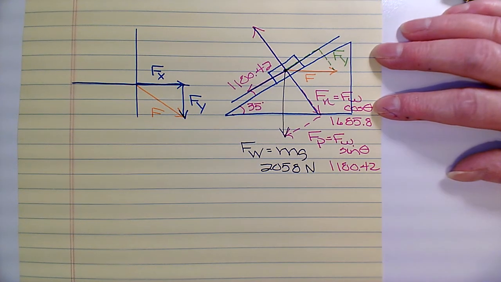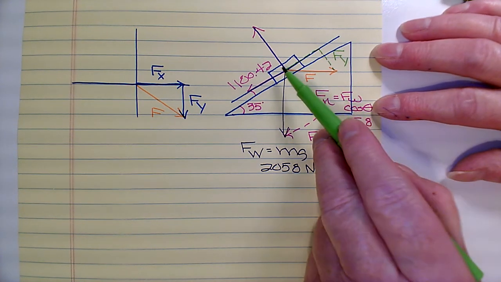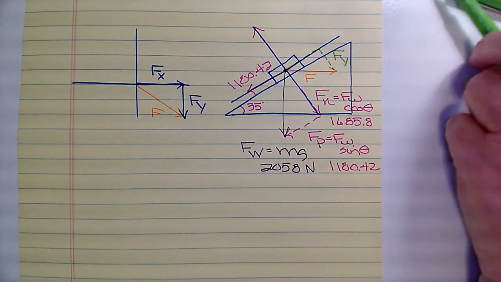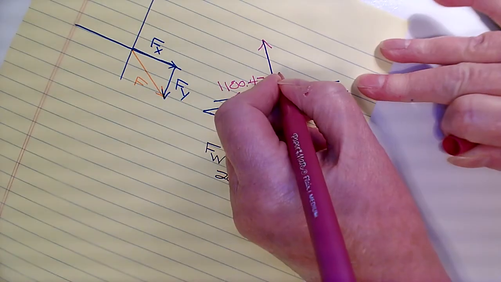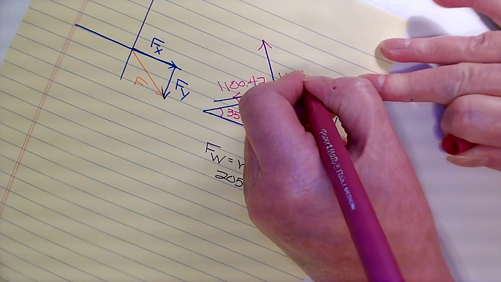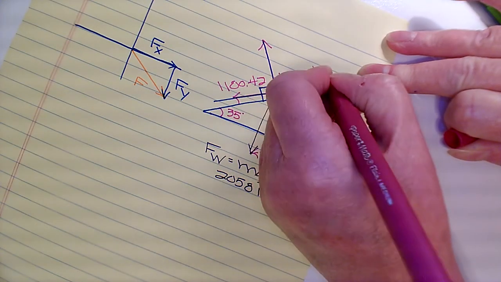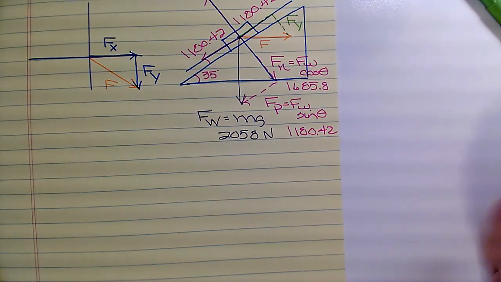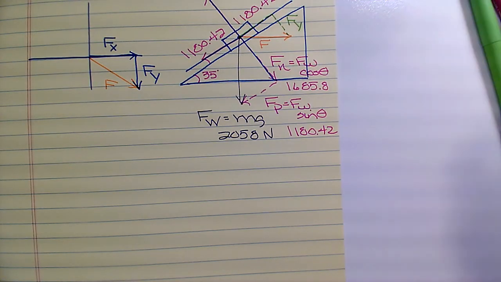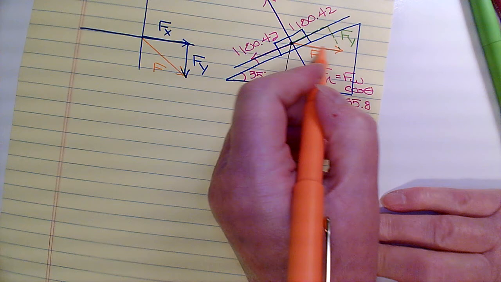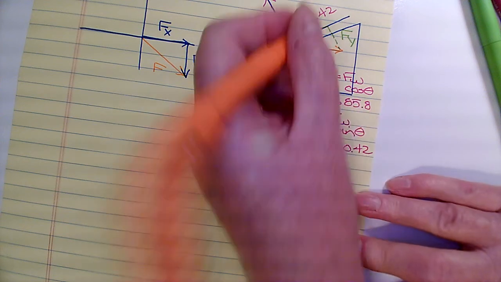It's a frictionless ramp and we're pushing it with constant speed. So if we have 1180.42 going down, we know that the x component is going to be 1180.42 going up. So we know that. And once we realize that, we now can solve for this force vector that we're looking for in part A.